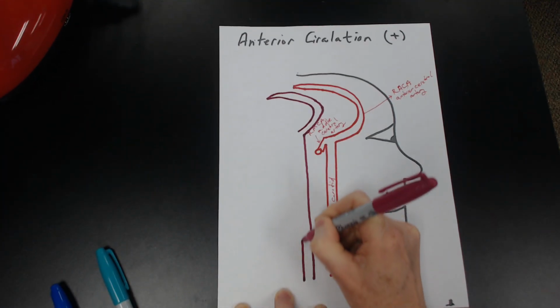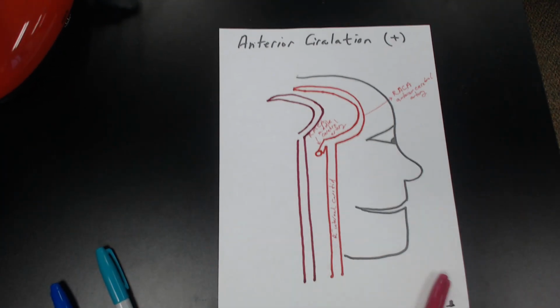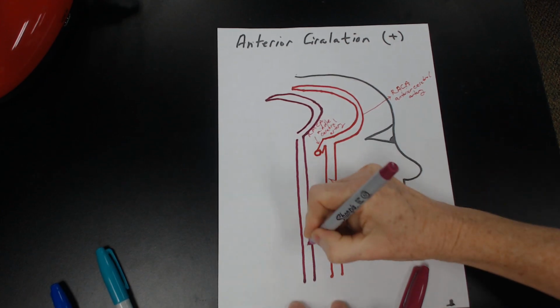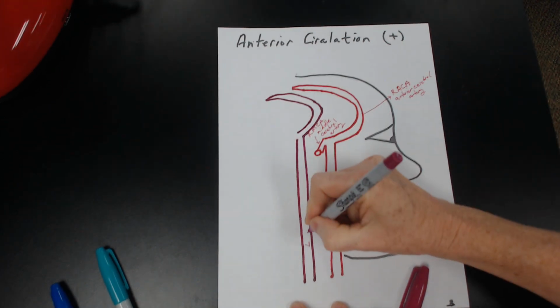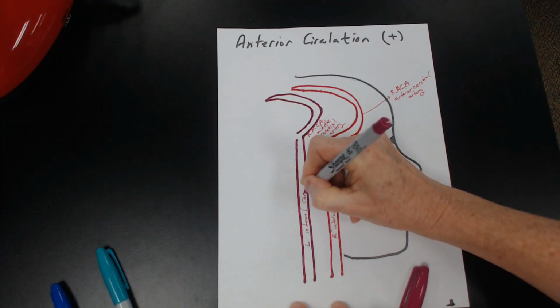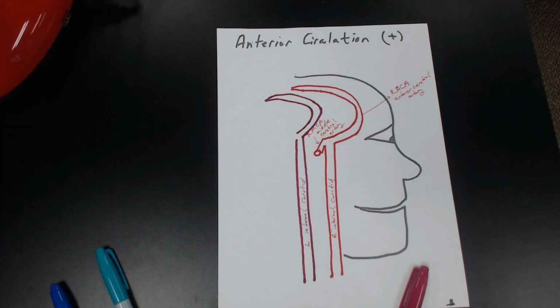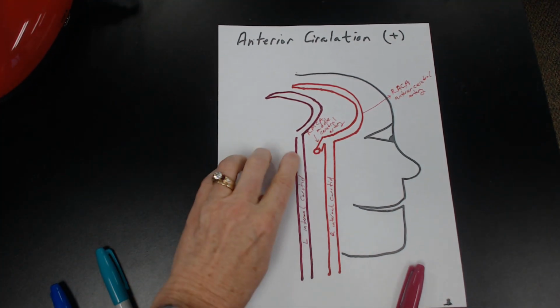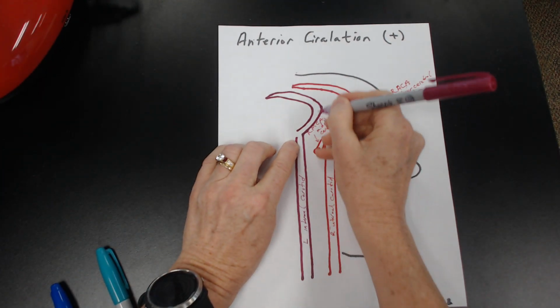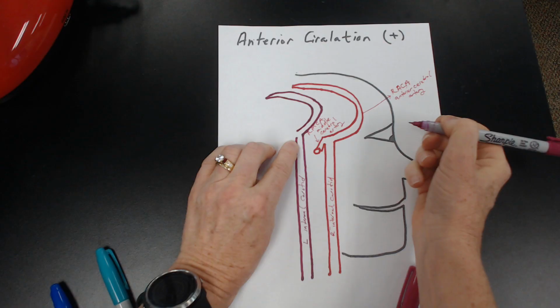Okay. This is like a maroon color. This is my left internal carotid right here. At about the level of the eye, the left internal carotid forms a major shoot that comes off and flips over the corpus callosum.